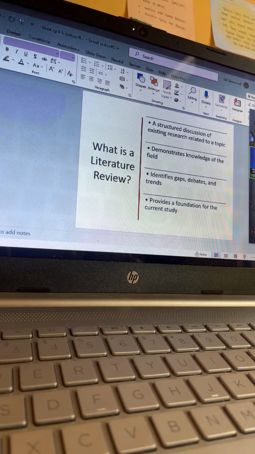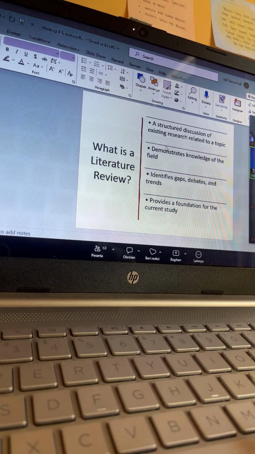So what we are discussing now is the second section, which is the literature review. And again, back to this slide, what is a literature review? It's basically about theory and previous studies that you combine, that you discuss, that you put together in the literature review section of a research article.